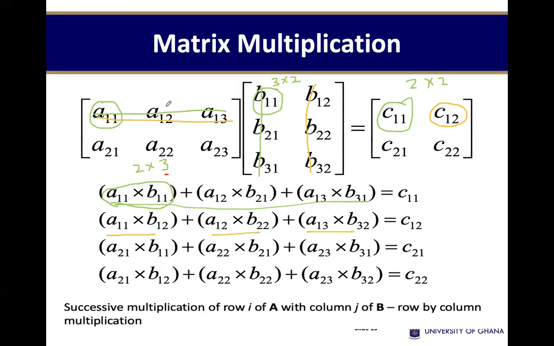Plus, now you pick A12, you're going to pick B21, and that should give you this. And lastly, you're now going to pick A13 and B31. And that should be this.